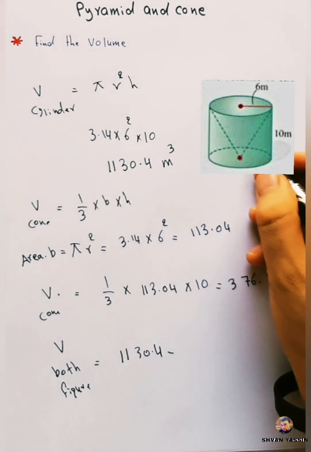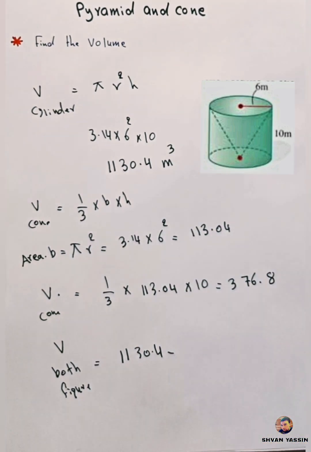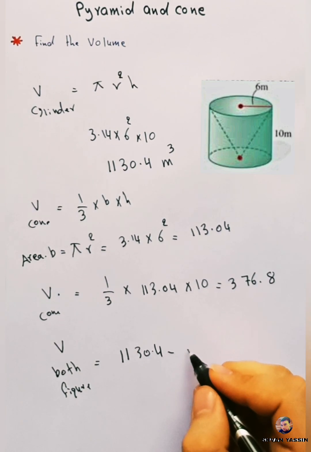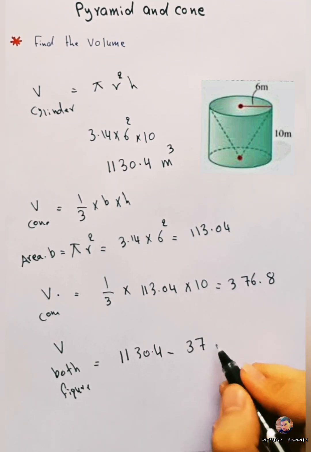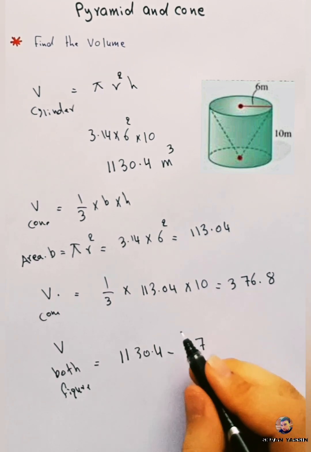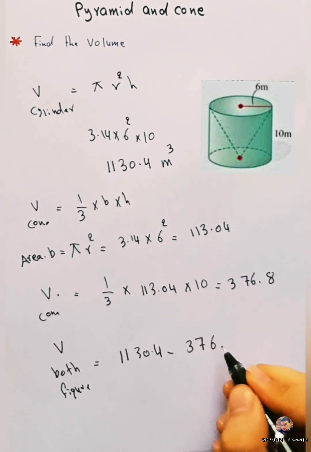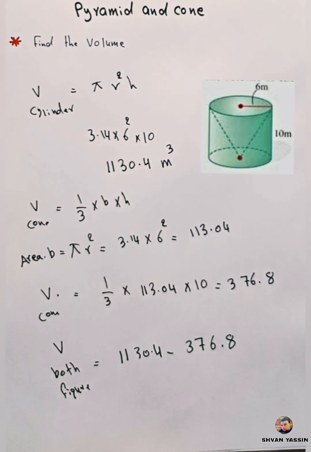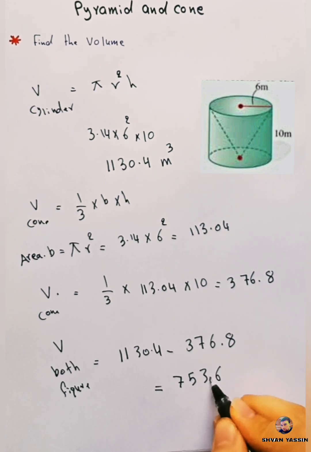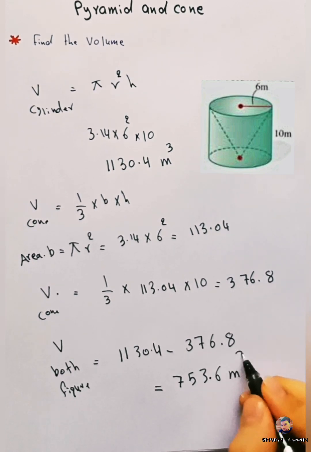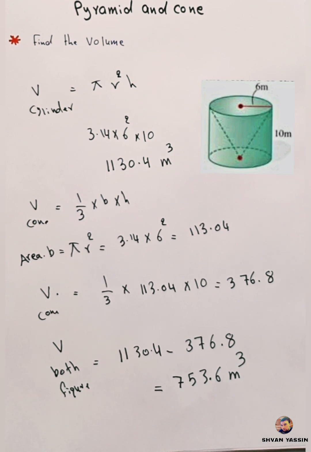We have to subtract because these two figures are inside each other, minus the volume for the cone, which is 376.8, and the difference is equal to 753.6 cubic meters.